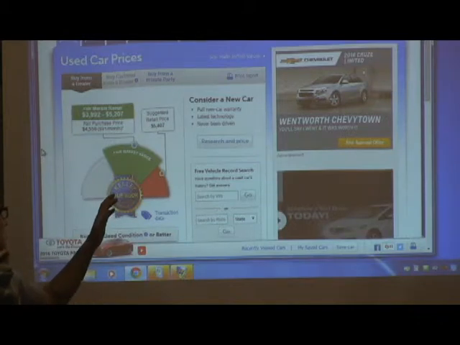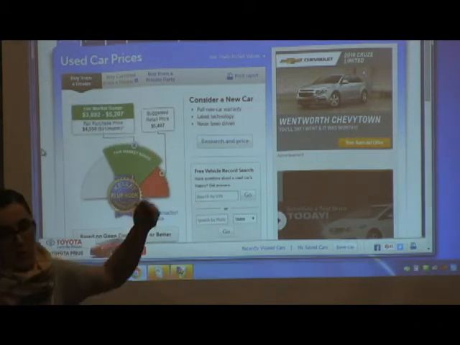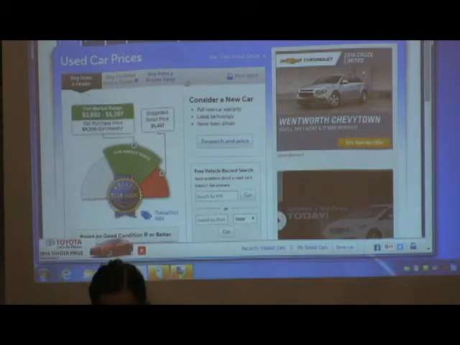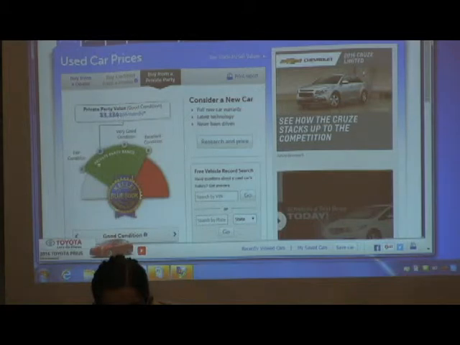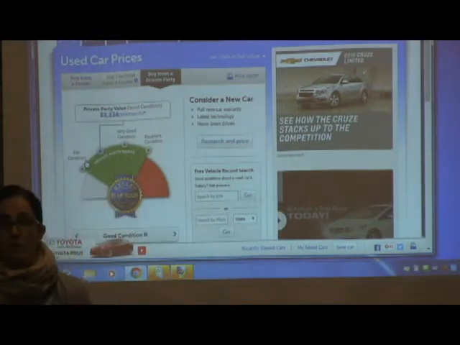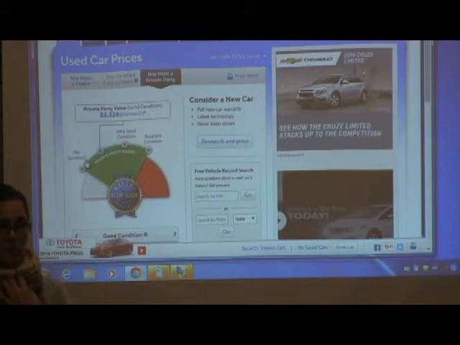One of the reasons you're looking at this is, here's another lesson: if you buy from a dealer versus a private party, you'll notice the private party is a lot cheaper. Why is it private party? Because when you're buying from a dealer, you're paying for all kinds of other things.